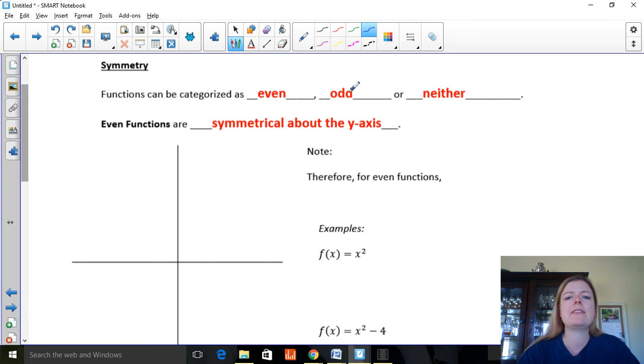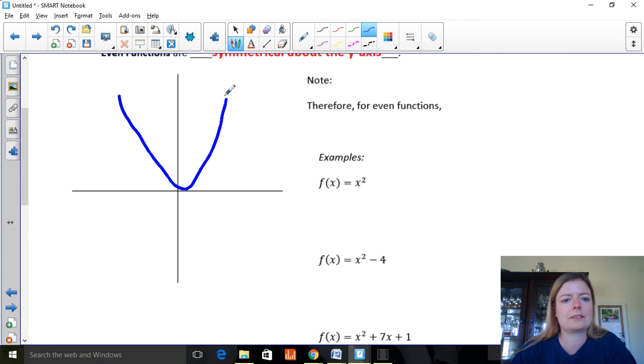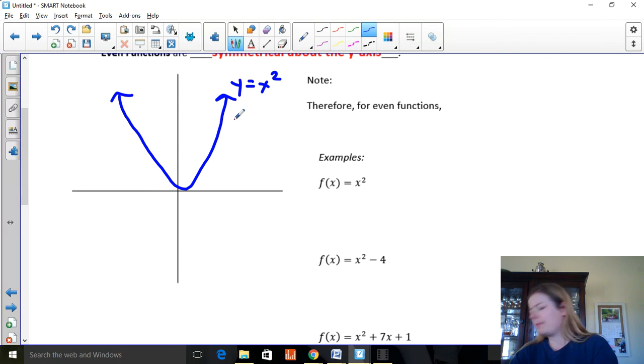So functions can be even, odd, or neither. Even functions are symmetrical about the y-axis. Our most famous even function is y equals x squared. Okay, this is just our classic even function. If you put in a value of x, you get up to y.